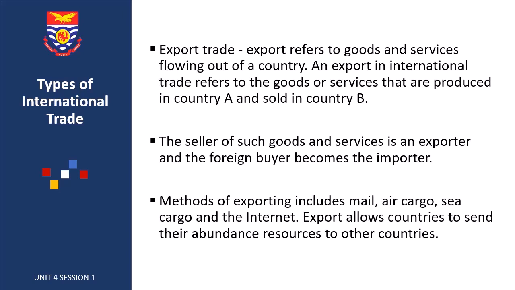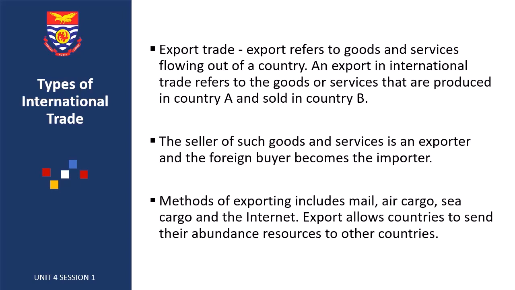So methods of exporting include mail, cargo, sea, and the internet. One may ask, how do we export things through the internet? People are in Ghana and they are expatriates working in different countries through the internet. That's also another way of exporting our human resource or labor. So export allows countries to send their abundant resources to other countries, and that's what I said earlier.